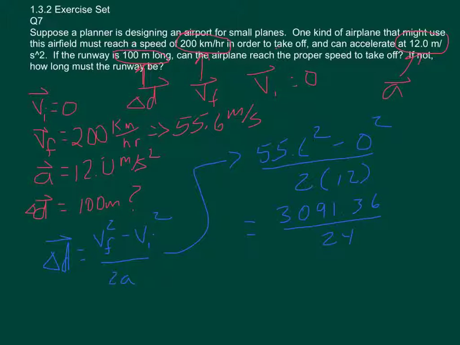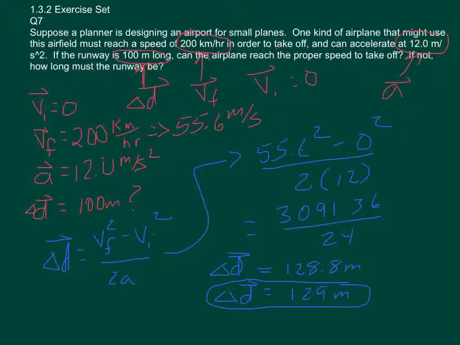I'm going to divide that by 24 then. I get 128.8. So my displacement equals 128.8 meters. 3 sig figs, so update my displacement to 129 meters. That's the distance the plane needs to take off.